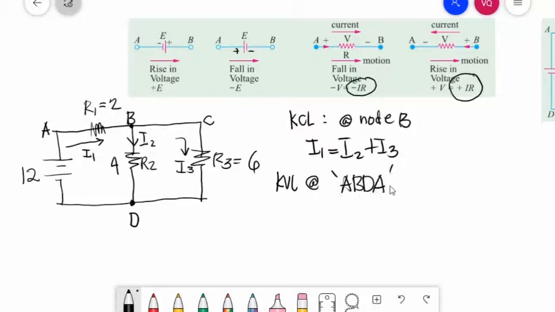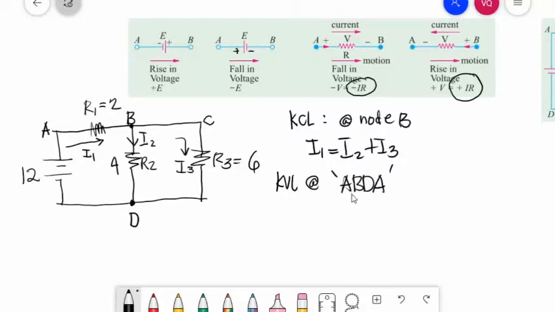If you do not put A here, that is open. I will not consider a path that is incomplete in the KVL equation.